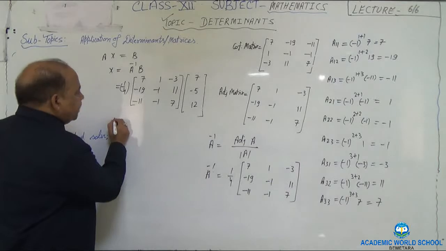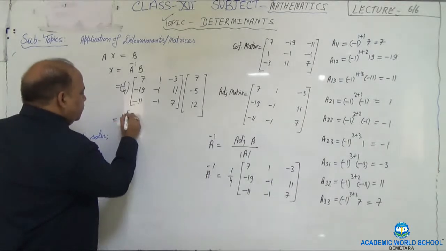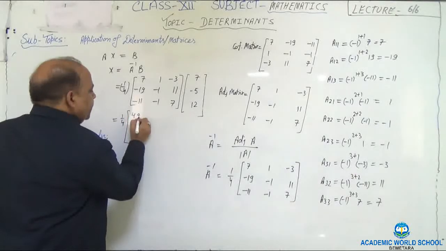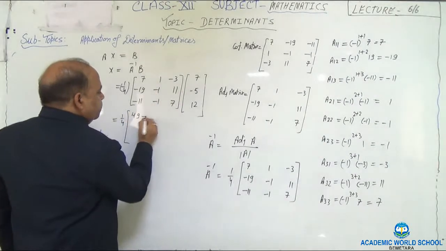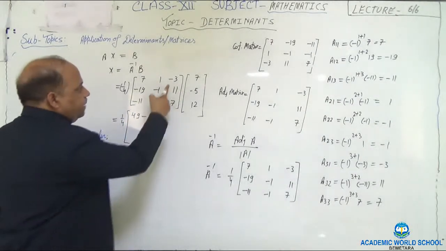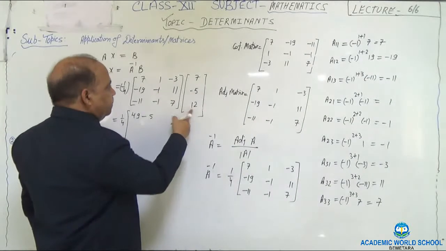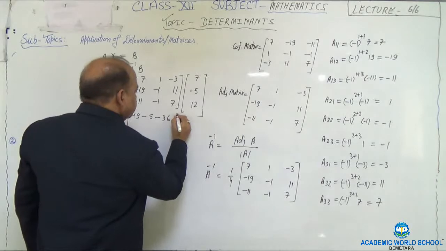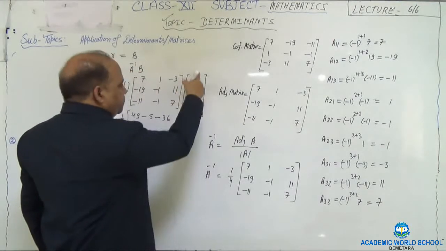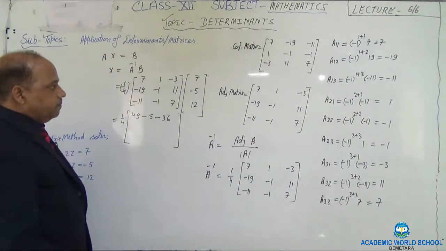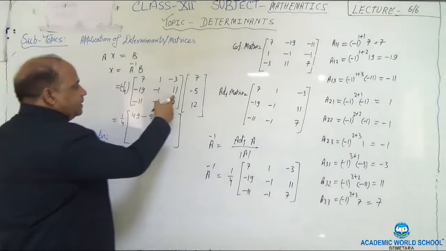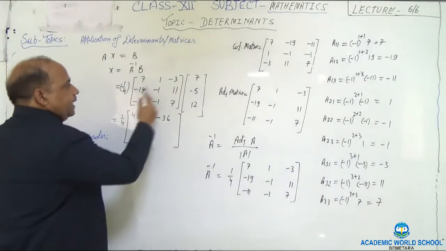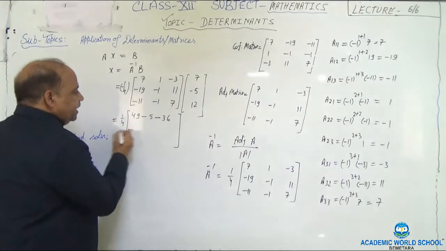So we will multiply this 1 by 4. Let's multiply. 7 sevens are 49. Then 1 into minus 5, minus 5. Minus 3 into 12 will give you minus 36. So we have multiplied the first row by the first column. Now multiply the second row by this. If I multiply minus 19 into 7, obviously it will be minus.